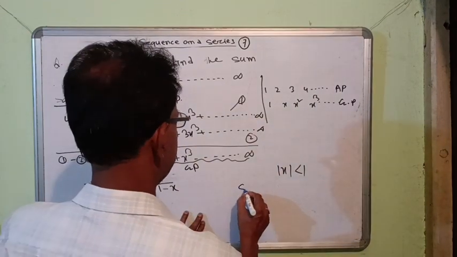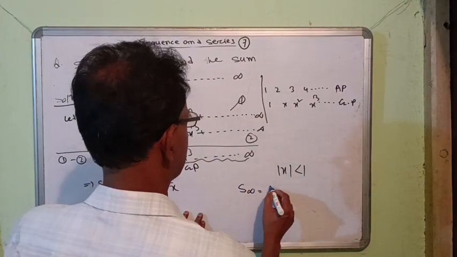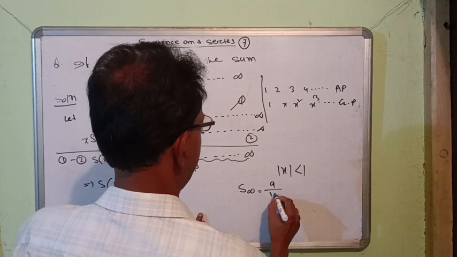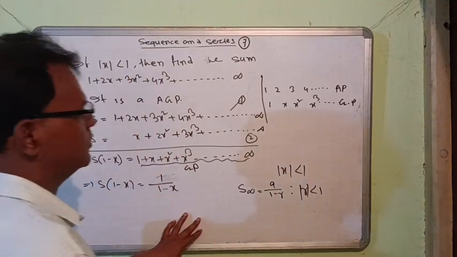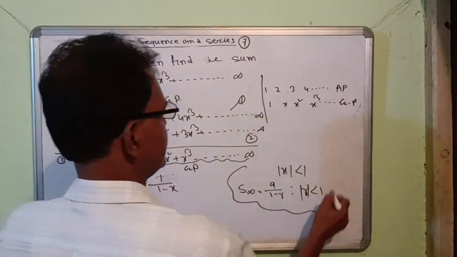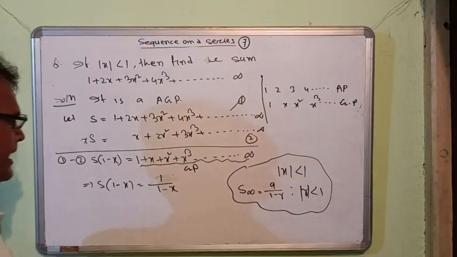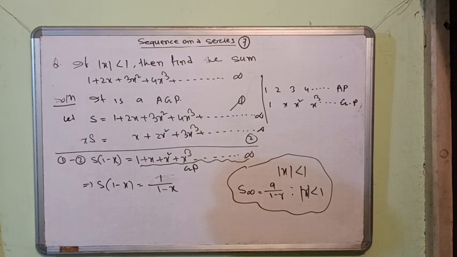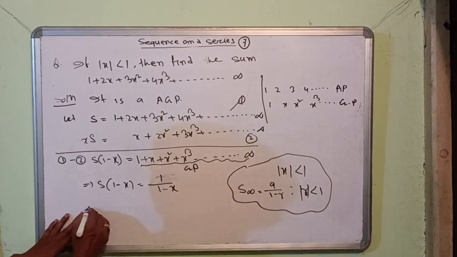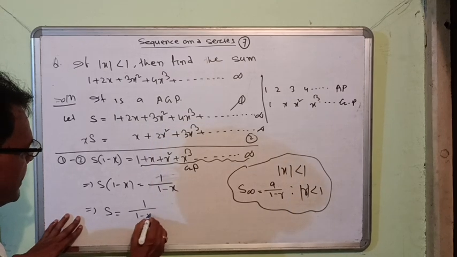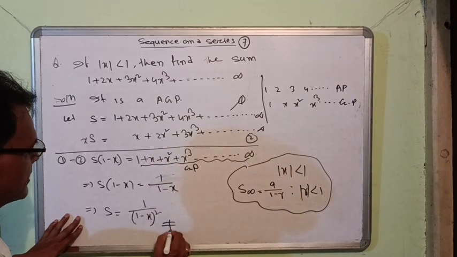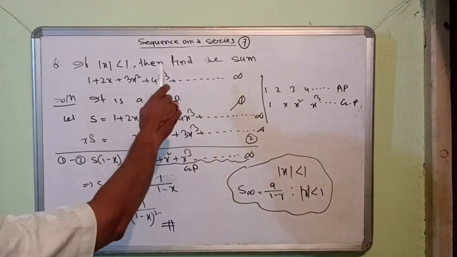Since we know in GP, the sum to infinity is equal to a by (1 minus r), where modulus r is less than 1. That is the concept of the sum of an infinite series in GP. So we can write S as equal to 1 by (1 minus x) whole square. That is the sum of this series.